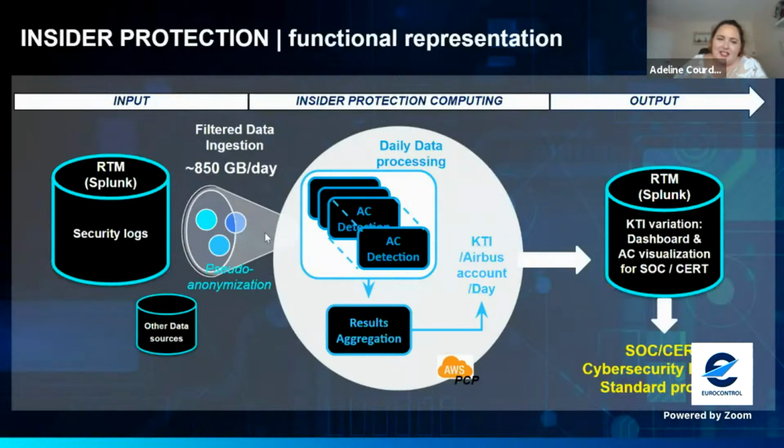And we send this selected data into a computing platform, which is on AWS because of scalability and performance. So we compute all our algorithms in this computing platform, and then we send back our results in the SIEM so that the expert, this really cybersecurity expert, can have a deep dive of the individual activity with the highest variation in the KTI.